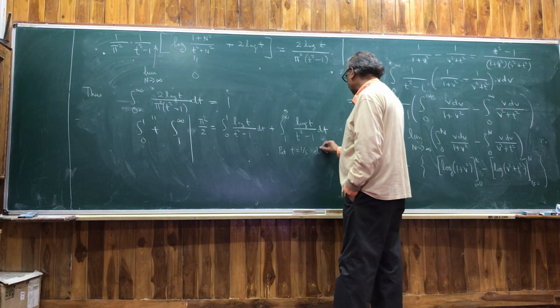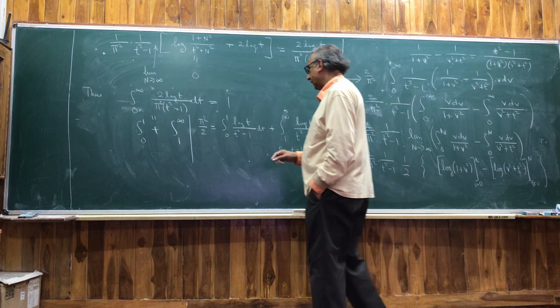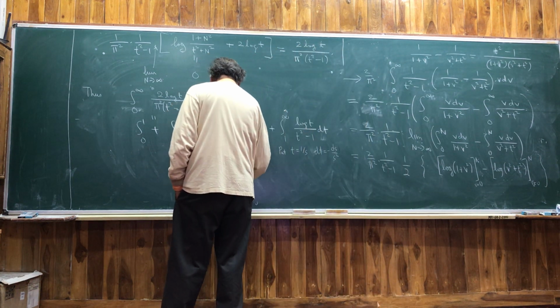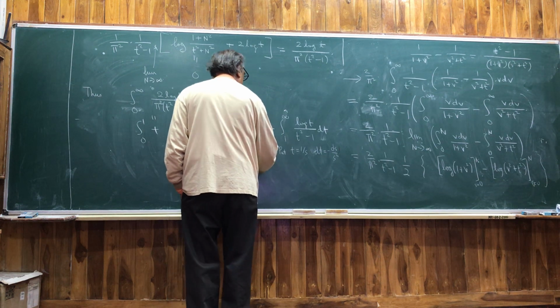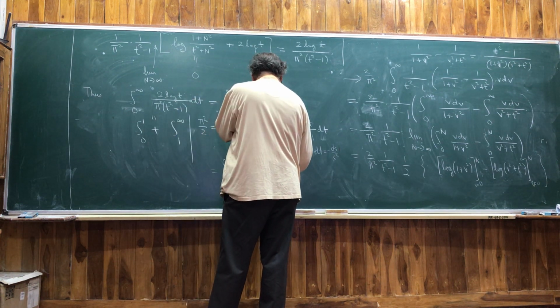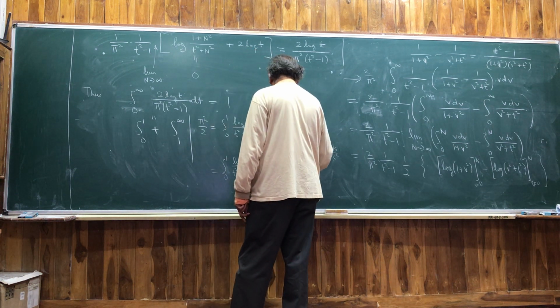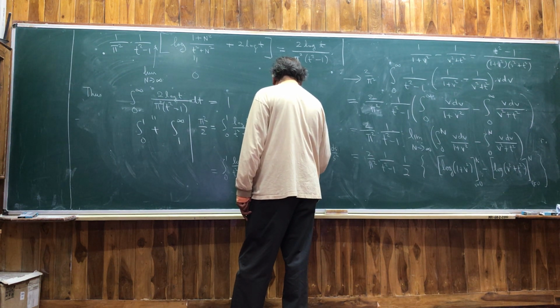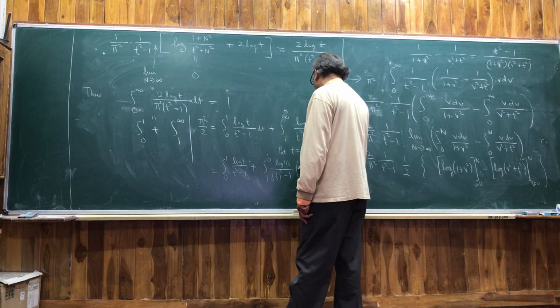Then dt equals minus ds over s squared. So this becomes the integral 0 to 1 of log t over t squared minus 1 plus the integral 1 to 0 of log of 1 over s, over 1 over s squared minus 1, times the minus ds over s squared.